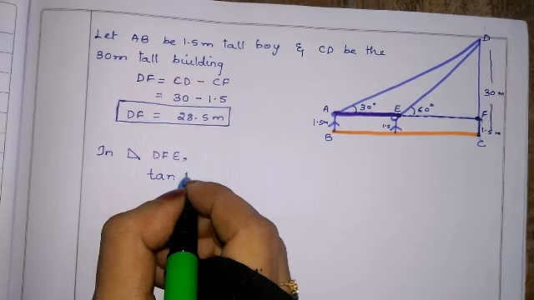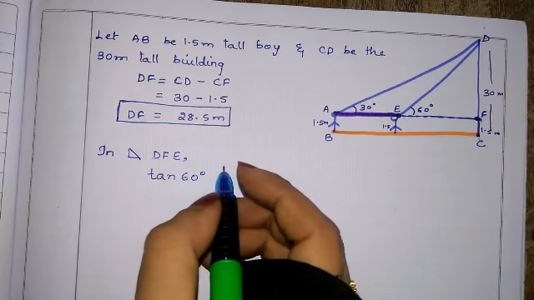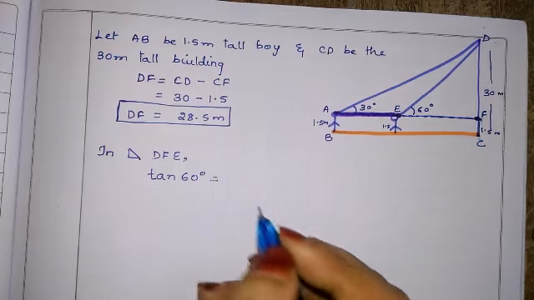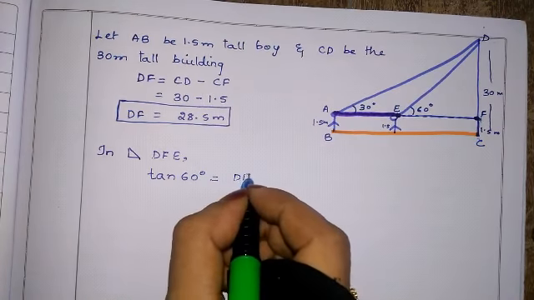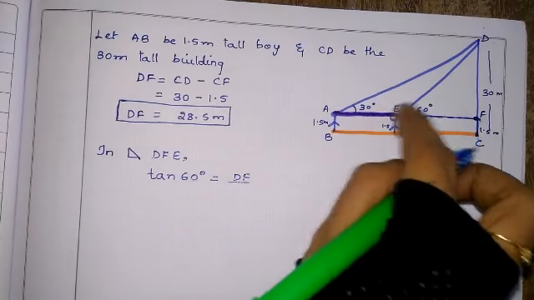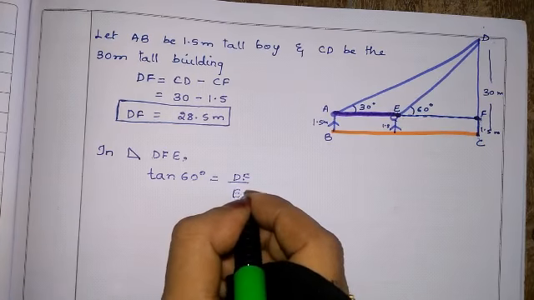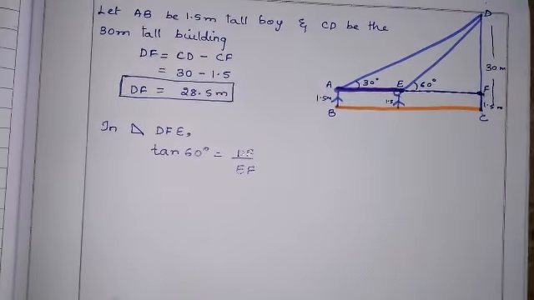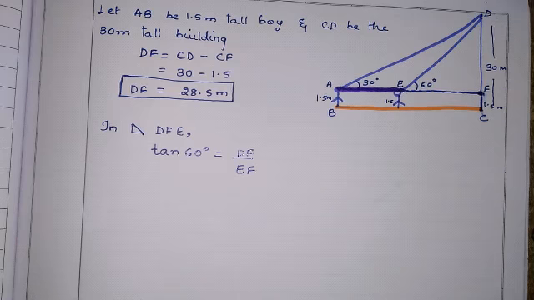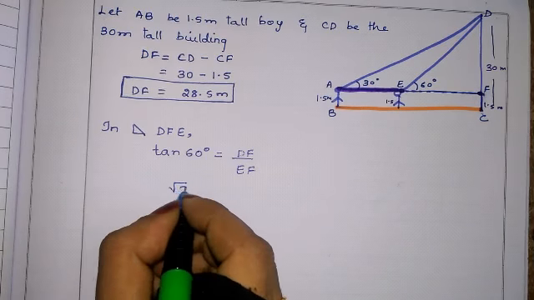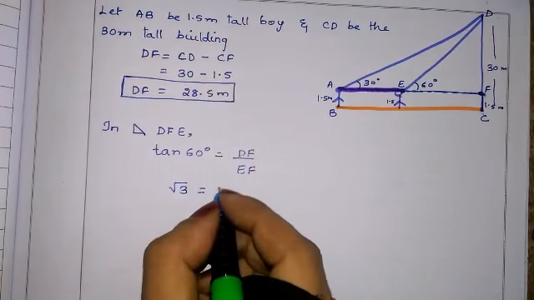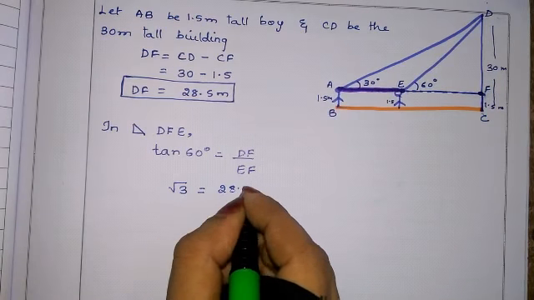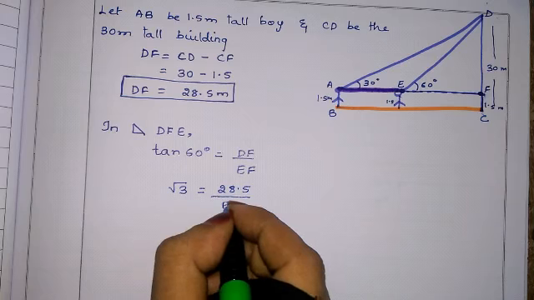Tan 60 degrees is equal to opposite upon adjacent, DF upon EF. Tan 60 degrees is root 3. So root 3 is equal to DF, which we have got just now, 28.5, upon EF.